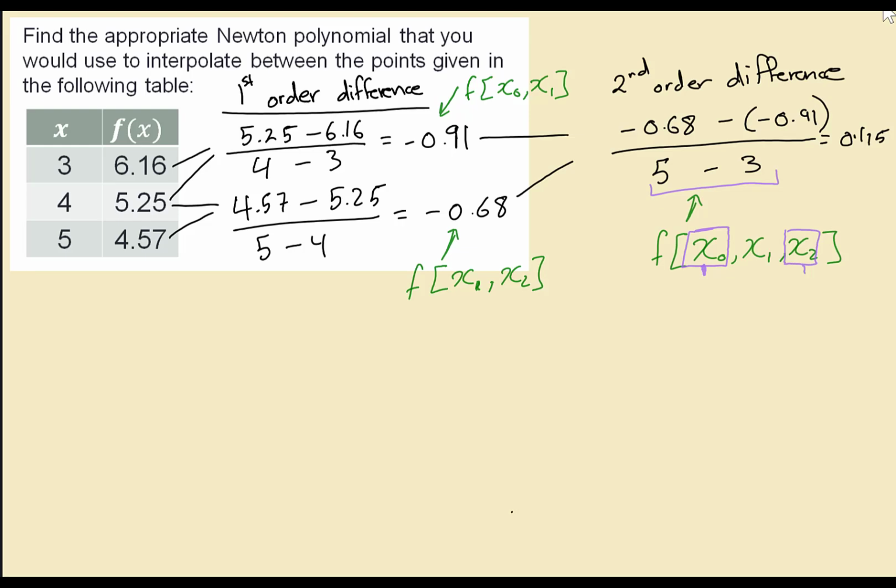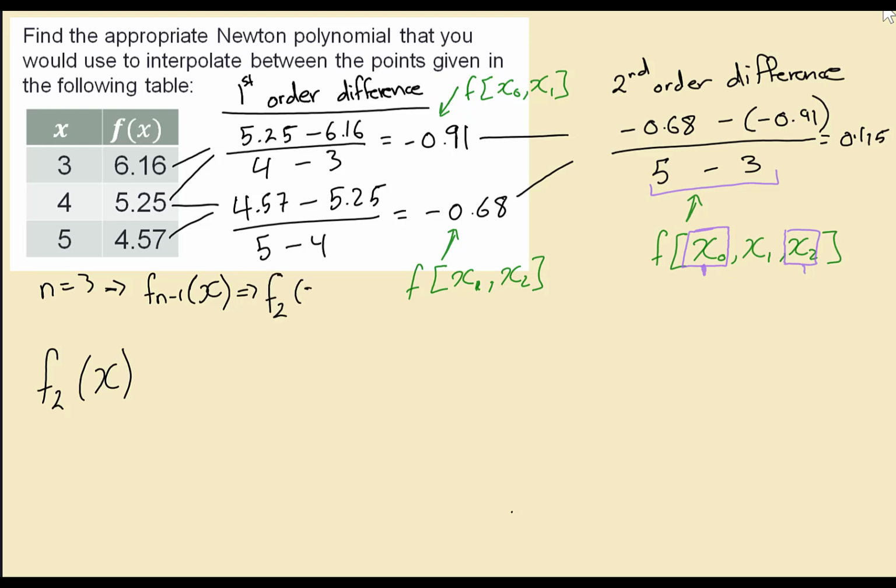So as we mentioned before, we take all these calculations, and now we move on to the second order polynomial. Because recall that we have n equals 3, which is 3 points. And because of that, we want to develop a Newton interpolating polynomial of the order n minus 1 as a function of x, which gives us a second order polynomial.